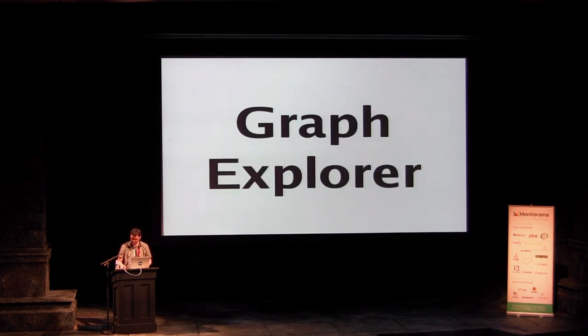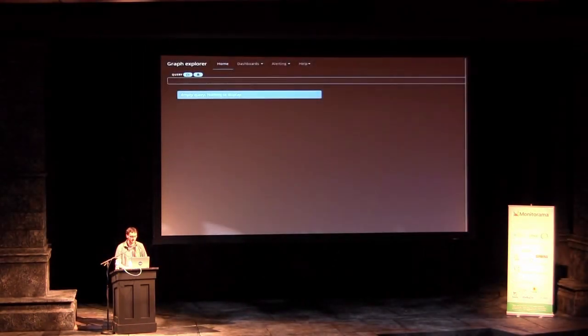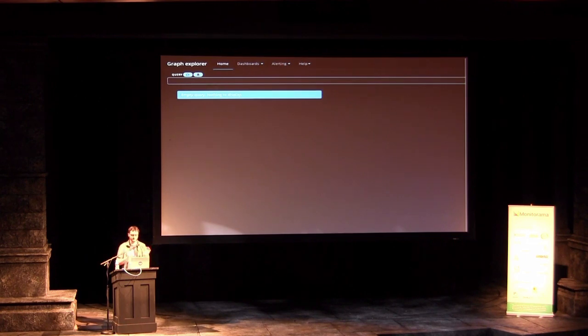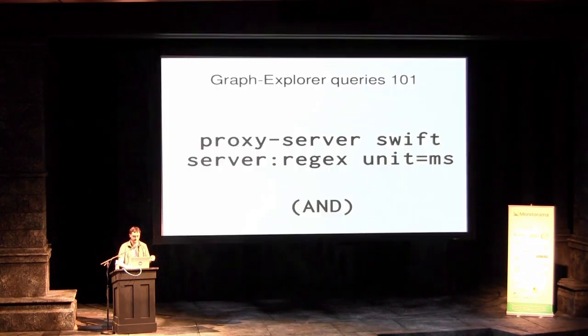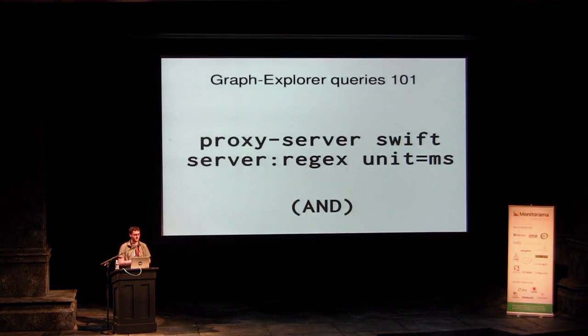Okay, so Graph Explorer is the dashboard where everything comes together. It's the prototypical implementation of all those things you can do with Metrics 2.0. By default, the interface you get is just a simple query input. And a query can be just words and patterns that you know are going to match parts of your metric, whether it's the metric identifier from Graphite or some of the keys and values of your tags.